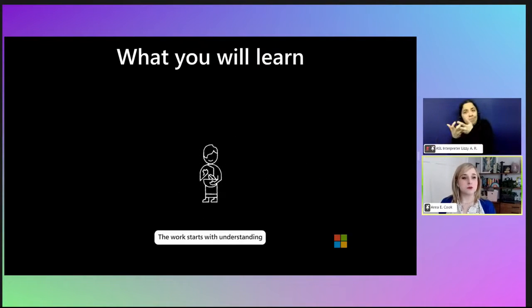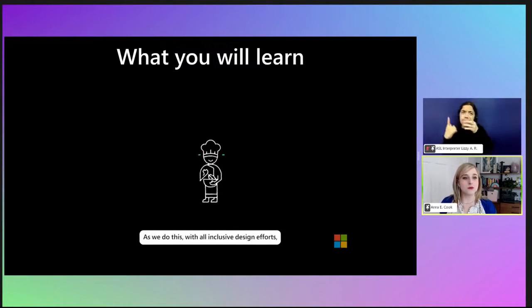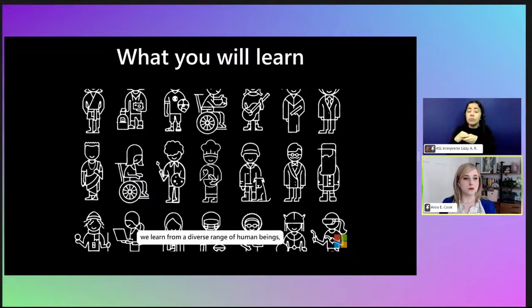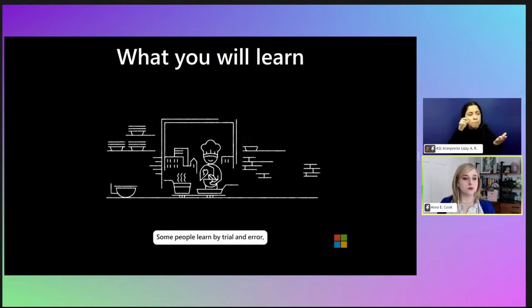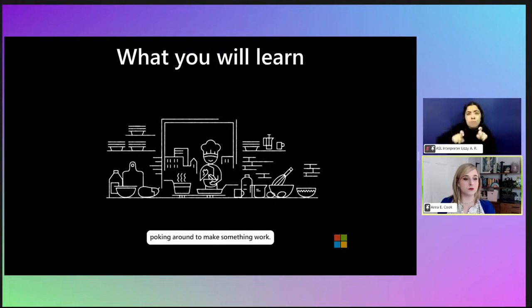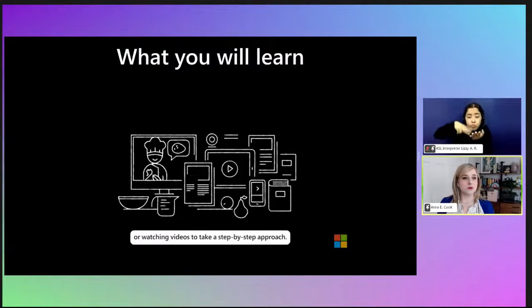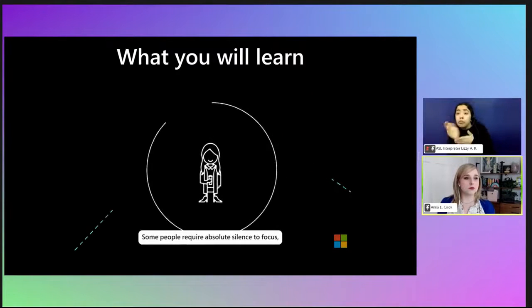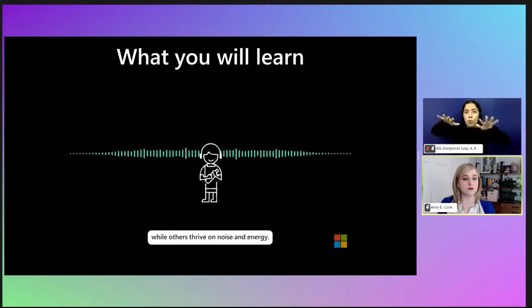The work starts with understanding the motivation behind any endeavor. We identify the goals and tasks for that motivation and what cognitive demands might be in the way. As we do this with all inclusive design efforts, we learn from a diverse range of human beings, the true experts in adapting. We absorb the different ways people approach problem solving. Some people learn by trial and error, poking around to make something work. Some people learn by reading or watching videos to take a step-by-step approach. Some people require absolute silence to focus, while others thrive on noise and energy.